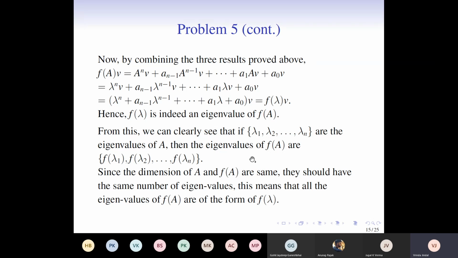They could be repeated, but in total there would be n eigenvalues. So this means that all the eigenvalues of f of A are of the form f of lambda, because this set contains n elements, which could be repeated, and each of them is an eigenvalue of f of A, and there are n such elements. So every eigenvalue will be of the form f of lambda.